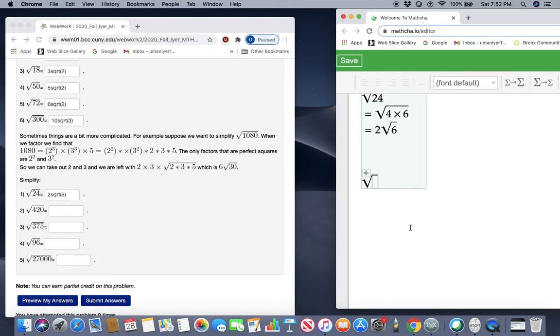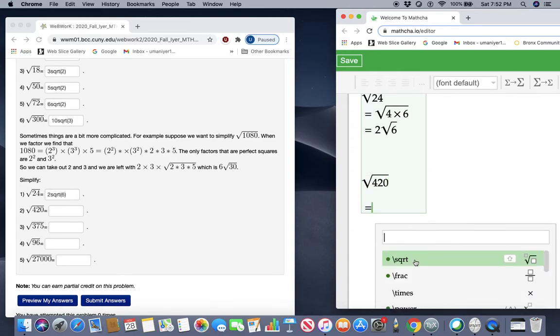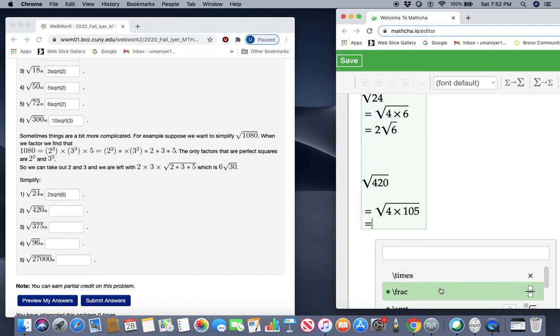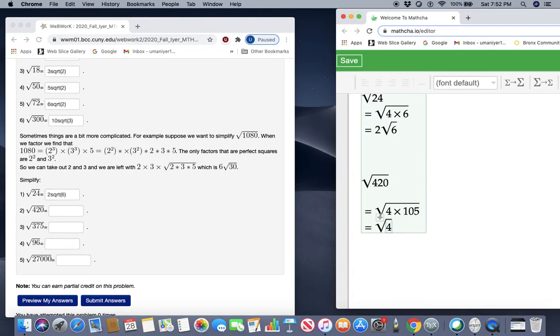Next, square root of 420 equals square root. Well, looks like I can get a 4 out. 4 times 105. Can we improve 105? Let's see. 4 times 105. 5 times 21. Can we improve 21?